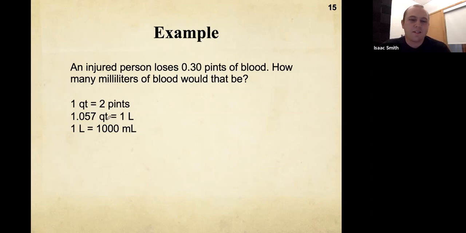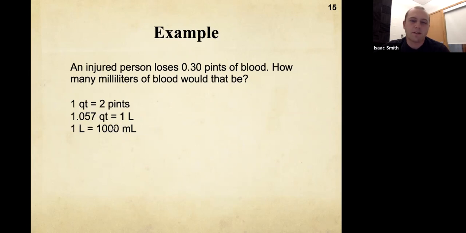For example, quarts to liters, I don't expect anybody to memorize that. Quarts to pints, I don't really expect you to memorize that either. The only things I think you should know off the top of your head are when you're converting between liters and milliliters, or grams and kilograms, okay? So learning the prefixes before each number is going to help with that.